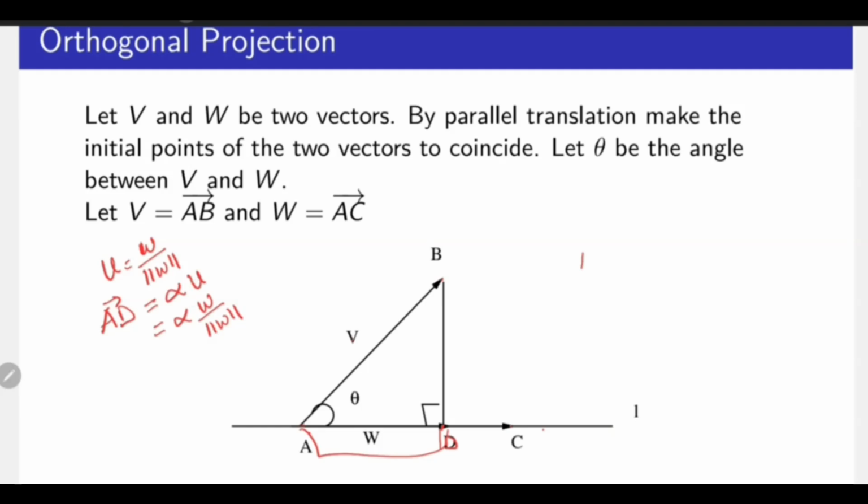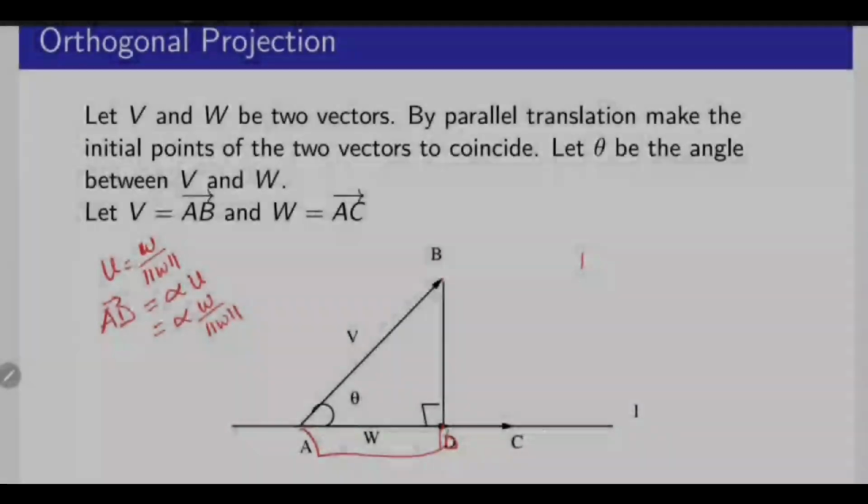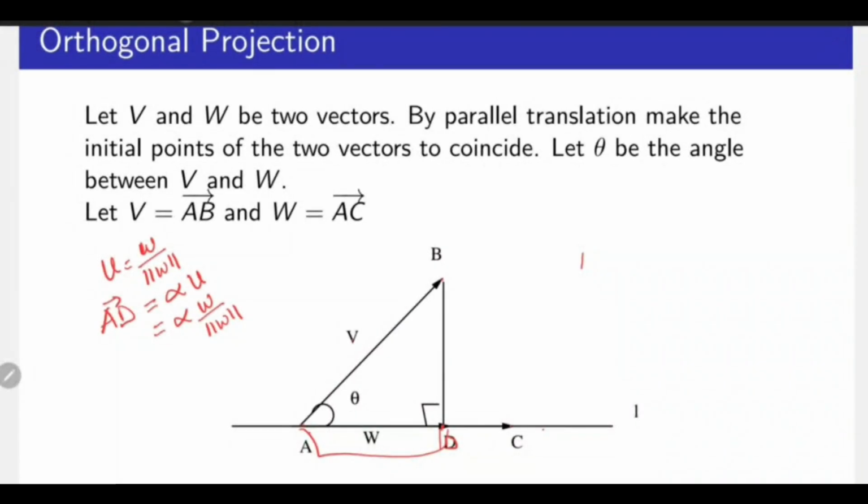As we know that the unit vector has magnitude 1, the magnitude of vector AD is the scalar alpha. So using some trig concepts, the norm of AD can be expressed as norm of v times cosine of theta, provided that this theta is the angle between the two vectors here.